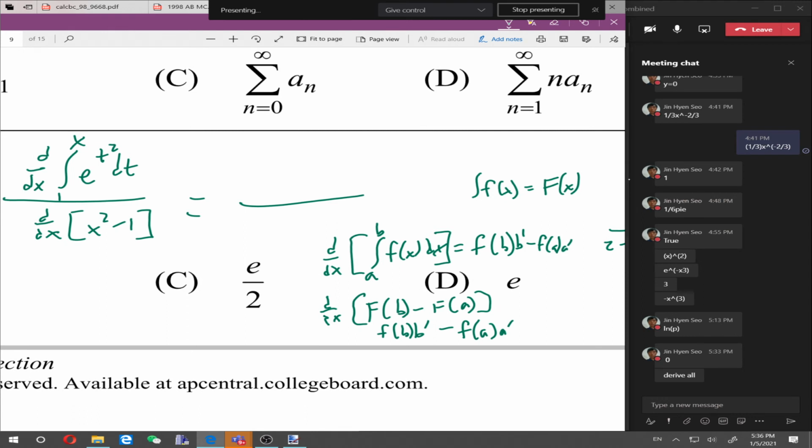What's going to happen when I derive the integral from 1 to x of e to the t squared dt? Upper bound first.